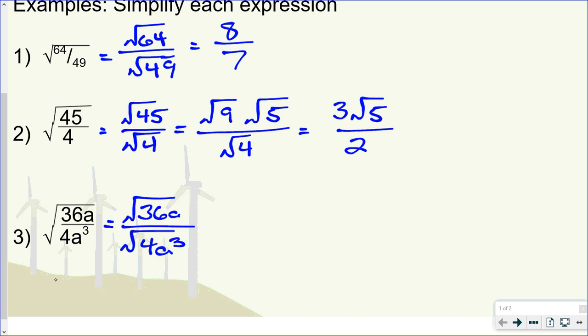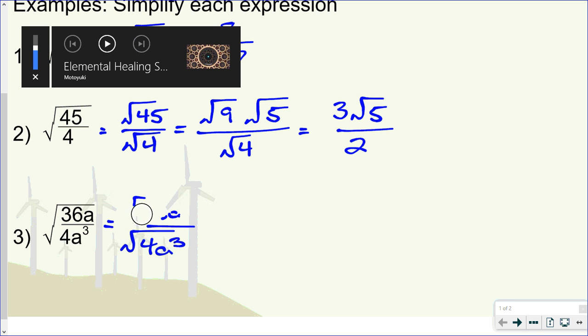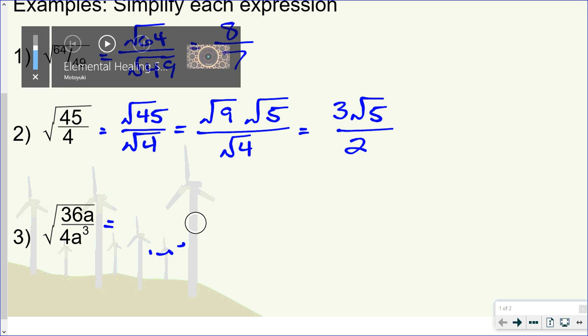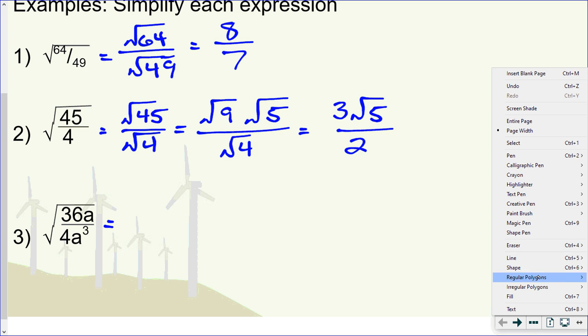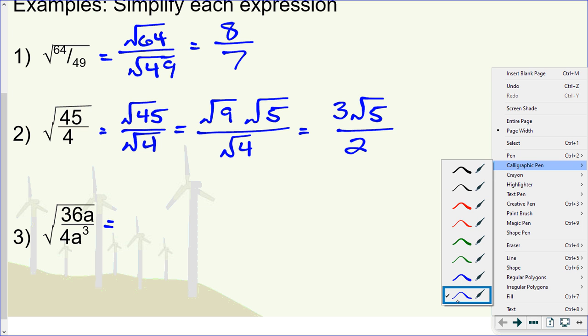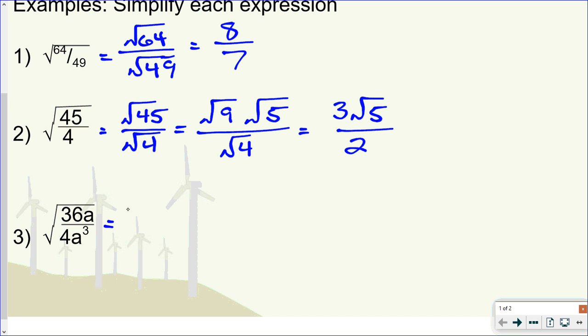We could do it this way, but now that I'm thinking about it, I think this other way might be easier. So here's what I'm thinking. Before we split this apart into the two pieces, let's see if we can simplify this. Because I'm noticing that 36 over 4 simplifies to 9.